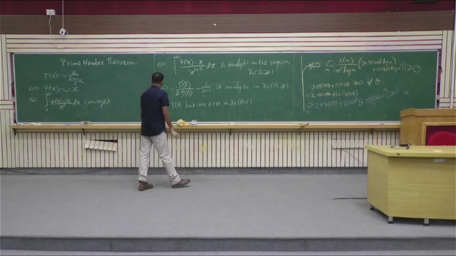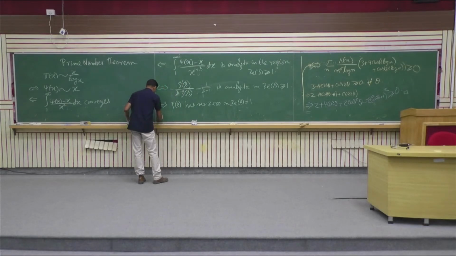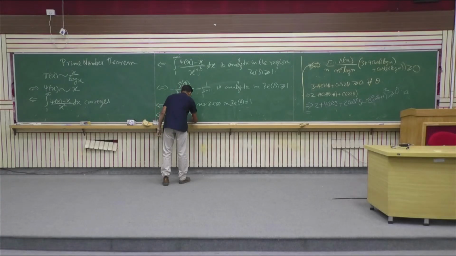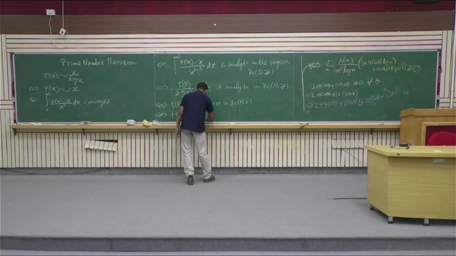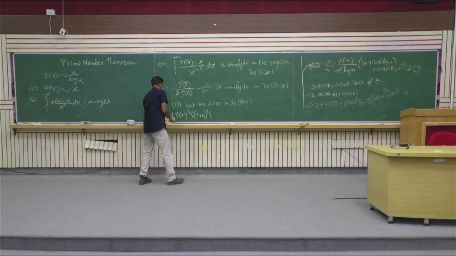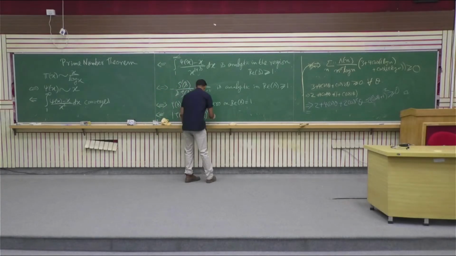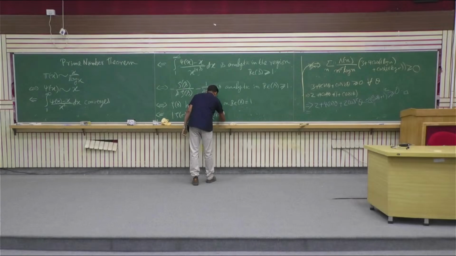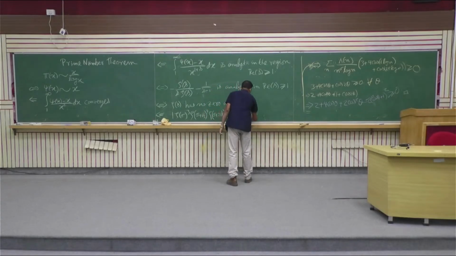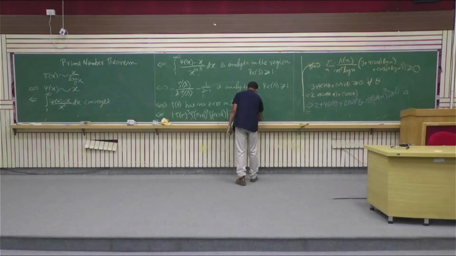And that was implied by the fact that zeta(sigma) cubed, zeta(sigma plus it) to the power 4, zeta(sigma plus 2it) to the power 1, is greater than or equal to 1 for all sigma greater than 1.